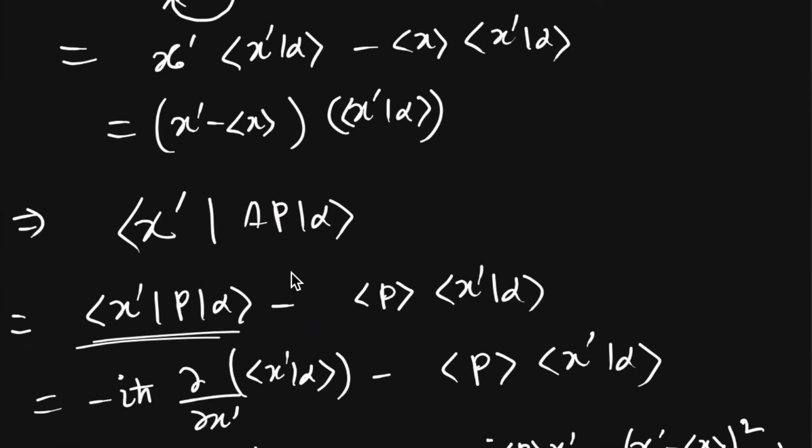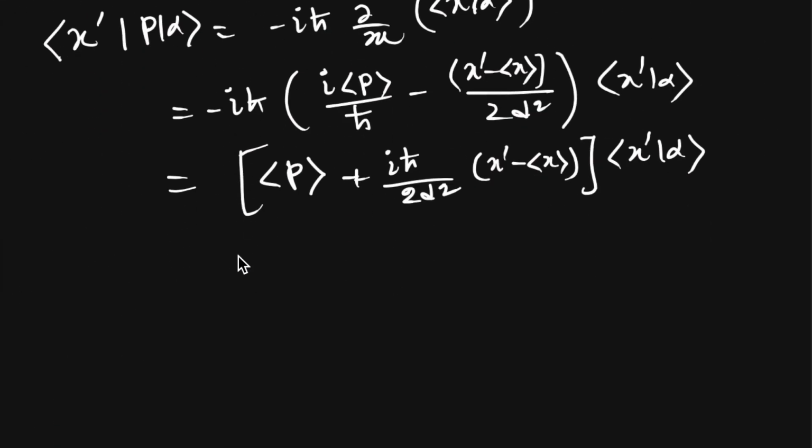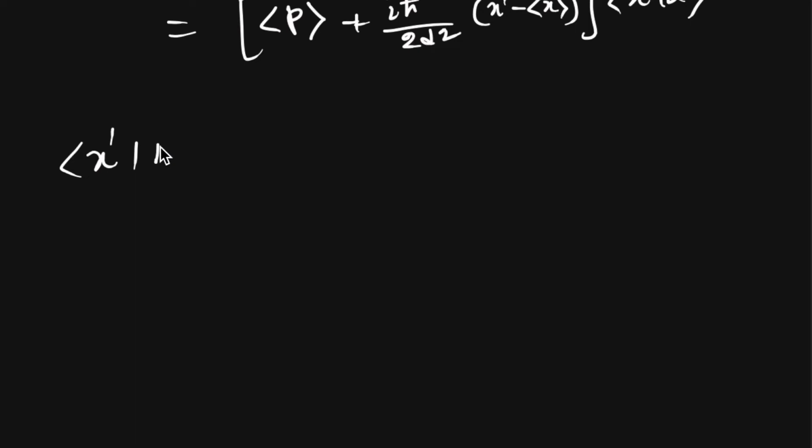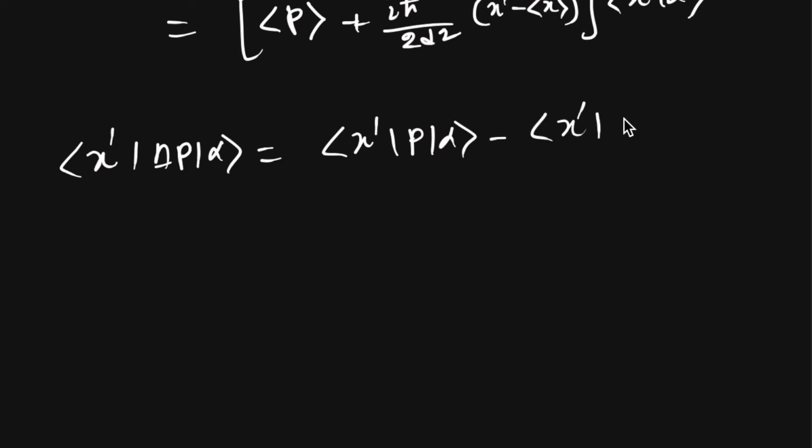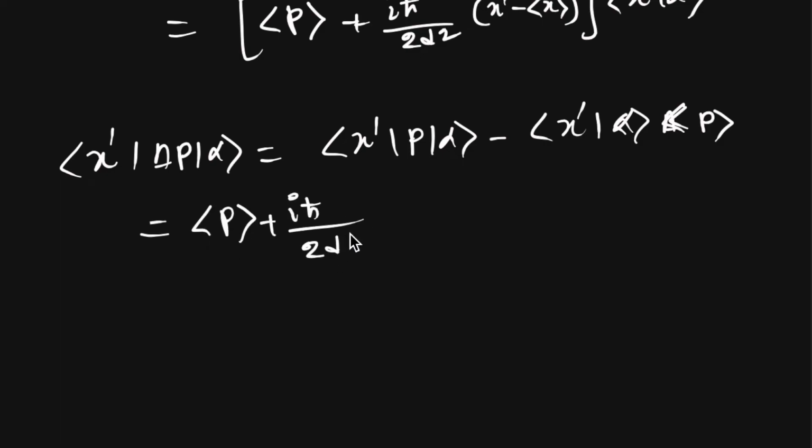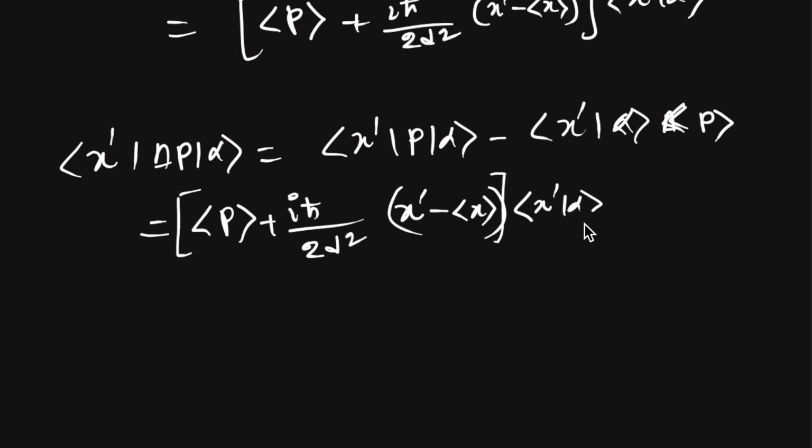Now let us check what is the value of this. This will be x prime delta p alpha, which is x prime p alpha minus x prime alpha times average of p. So if we subtract, that means delta p plus i h-cut by 2 d square, x minus expectation of x, into x prime alpha minus expectation of p alpha.